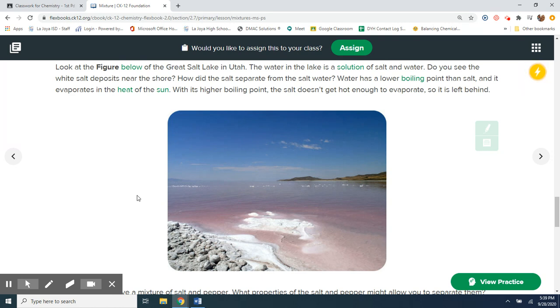Since it is a mixture of salt and water, that'll leave salt behind, and that's why you see such a white shore instead of brown. And the reason is because water has a lower boiling point than salt, so the salt would not evaporate like the water does.